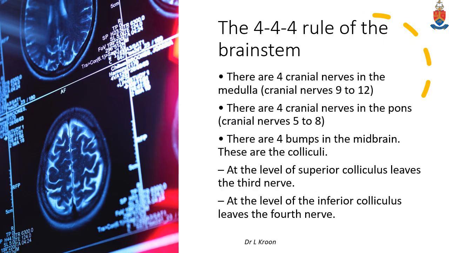So this gives us the 4-4-4 rule of localization. Cranial nerves 9, 10, 11, and 12 should localize you to the medulla. Cranial nerves 5, 6, 7, and 8 should localize you to the pons. And cranial nerves 3 and 4, at the level of the superior and inferior colliculi respectively, should localize you to the midbrain.